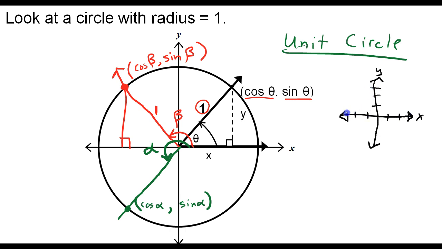What I'm doing is taking this right here, this circle with radius 1, and blowing it up really large so that I can get a better look at the points that are around that circle. But the same thing is true here. Any point on here is going to be the cosine of my angle and the sine of my angle.